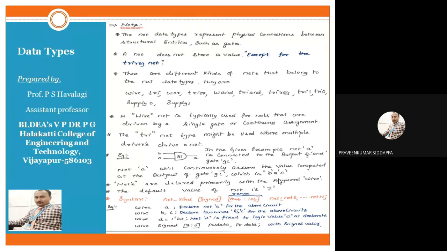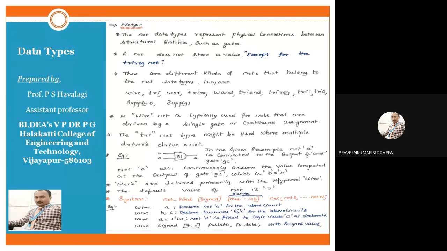Whenever one gate's information should be transferred to another gate, the data is transferred through a wire. Because of that, in such cases we use net data types. Is it clear where I need to use wire as a keyword?